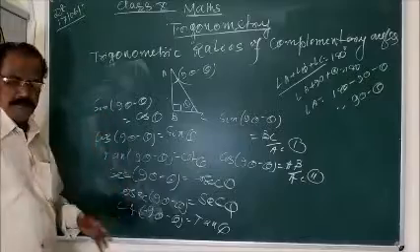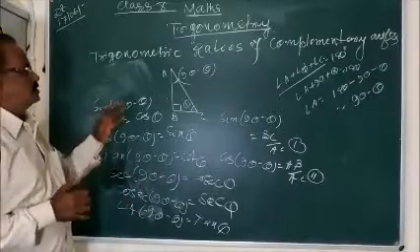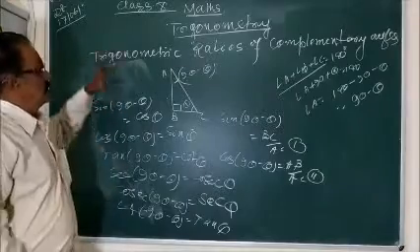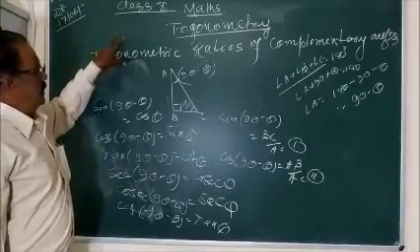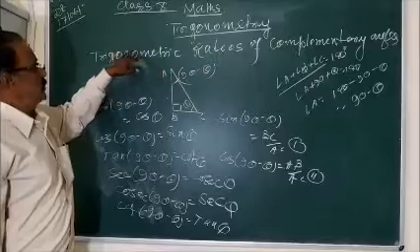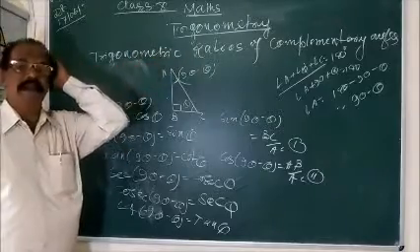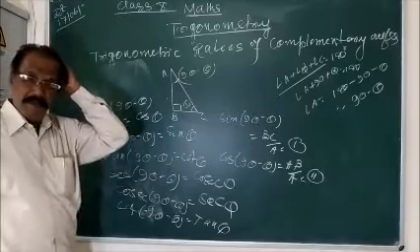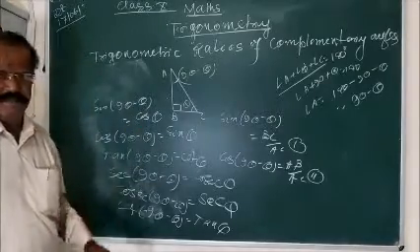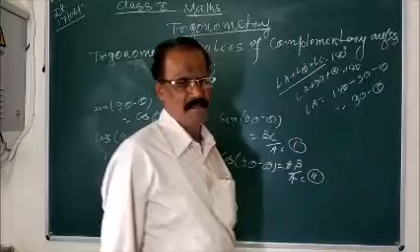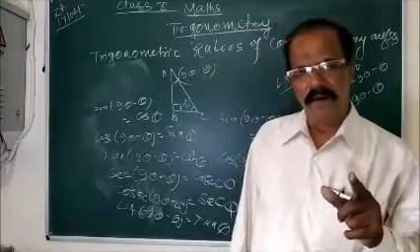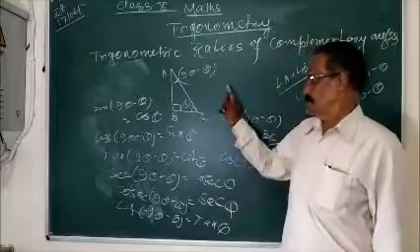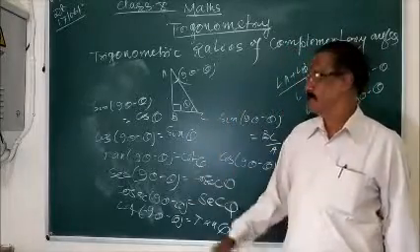With the help of these formulas, you can solve the questions of 8.3. So today, you must have learned trigonometric ratios of complementary angles. Complementary angles, if the sum of any 2 angles is 90 degrees, they are called complementary angles.